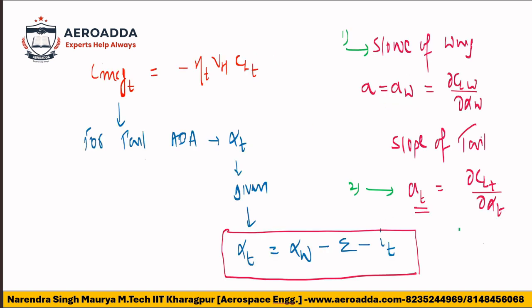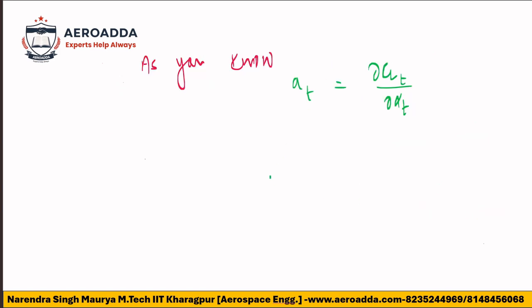Just now I have defined it. Because it's a small change, you can also write ΔCLT divided by ΔαT. So what will be the CLT? CLT is nothing but AT into αT. This much value if you write, that is sufficient.